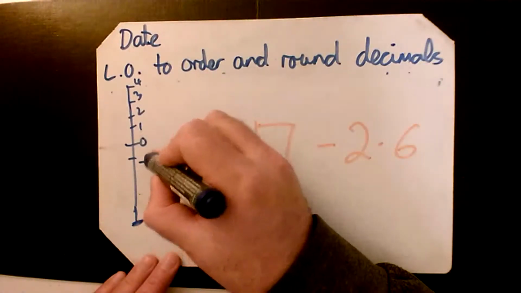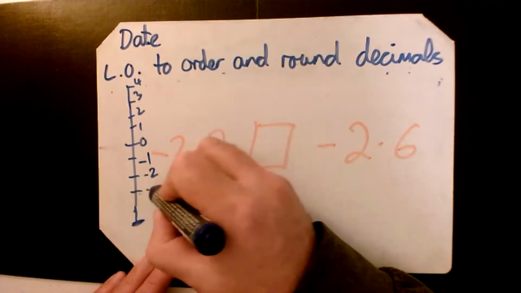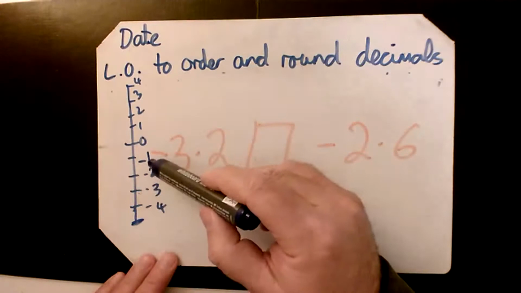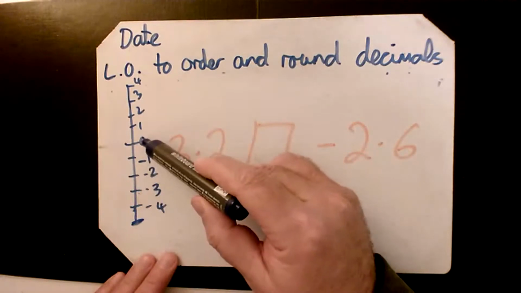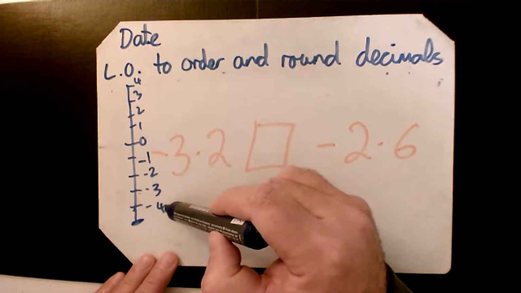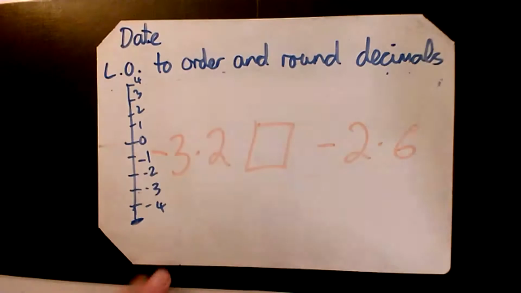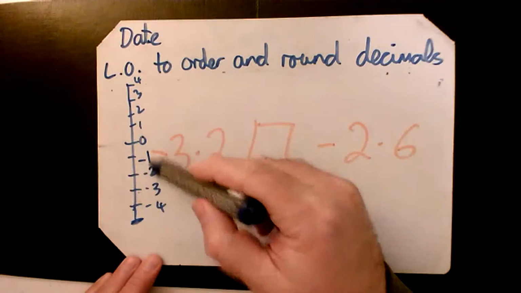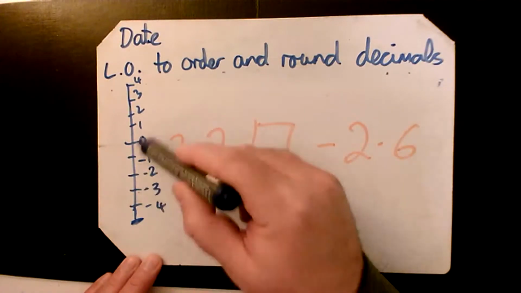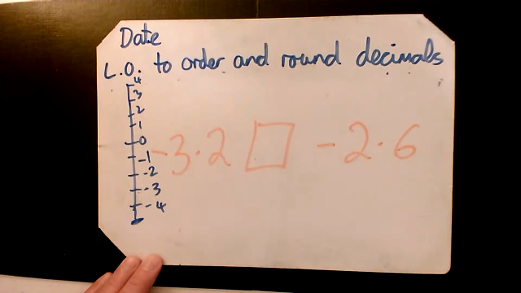If we look here, we've got -1, -2, -3, -4. Now -1 is closer to 0, so that means it is bigger than -4. If you think of it as temperature, the warmer the temperature, the bigger the number. The greater the heat, the greater the number. So -1 is bigger than -3 because it's closer to 0, isn't it?